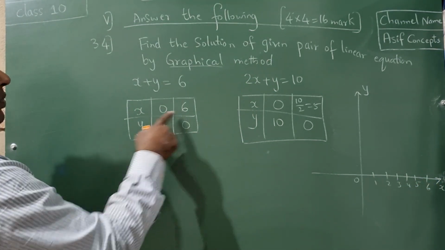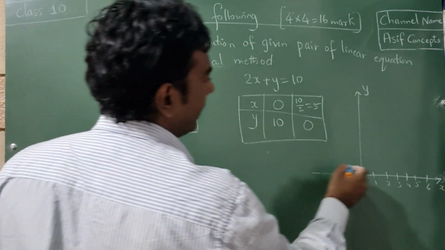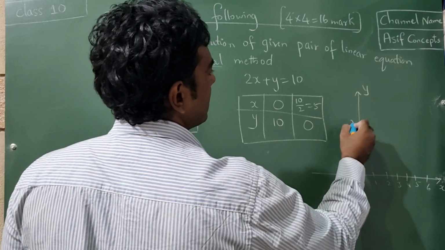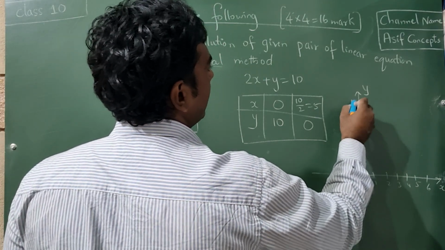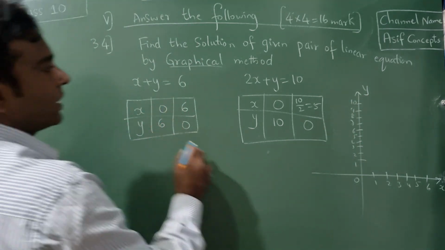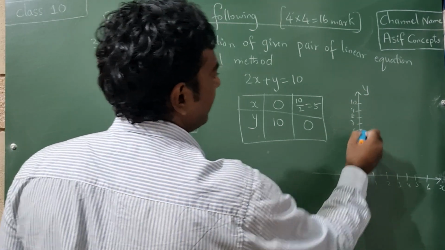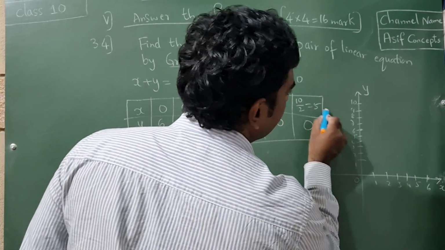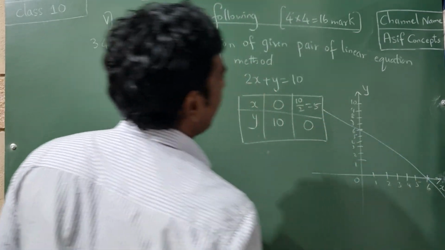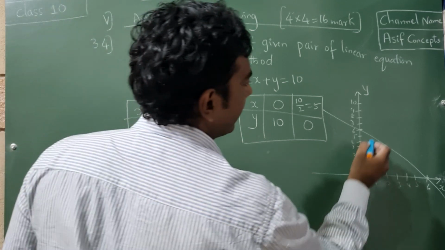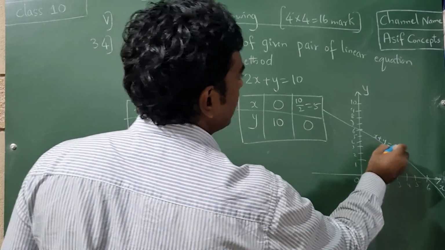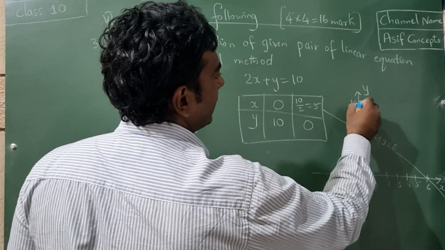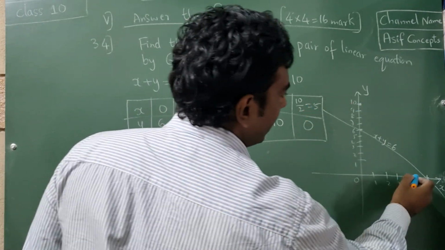On the y-axis, which is the highest number? 10: 1, 2, 3, 4, 5, 6, 7, 8, 9, 10. 0 to 6, I'm going to mark here. 6 to 0, I'm going to mark here. Right here, x plus y is equal to 6. 0 to 10, I'm going to mark here, and 5 to 0, I'm going to mark here.